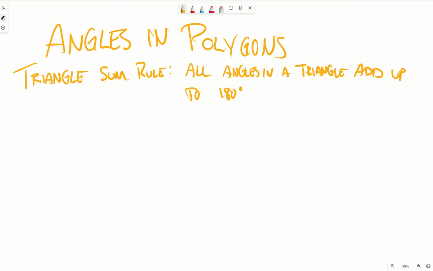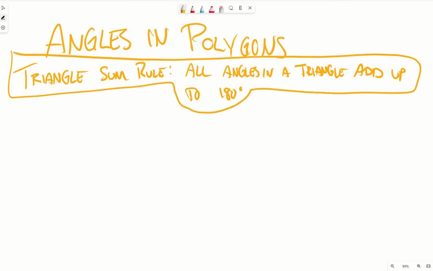And so taking that rule, we can use it to help us know how many angles are in other shapes, okay? So we're going to talk today about how to use this rule to find angles in other shapes.